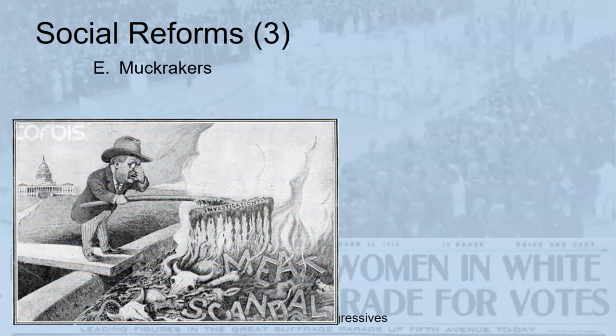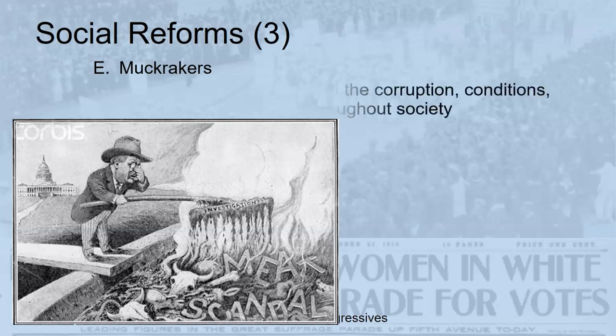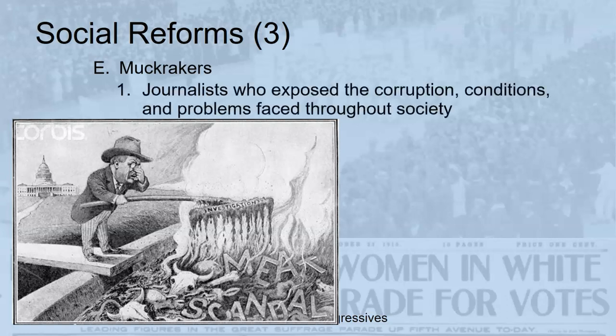Now, another group of people that are interested in social reform, we're going to lump together, we call them the muckrakers. The muckrakers were journalists. They're these progressive journalists who saw problems in society and basically went out and exposed those problems and that corruption and whatever else to the public.